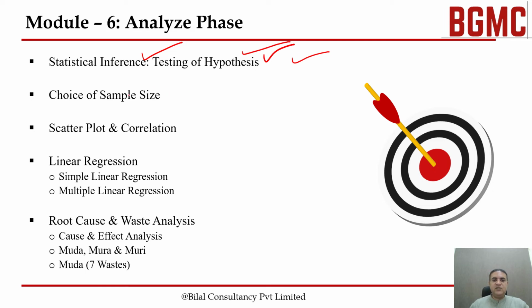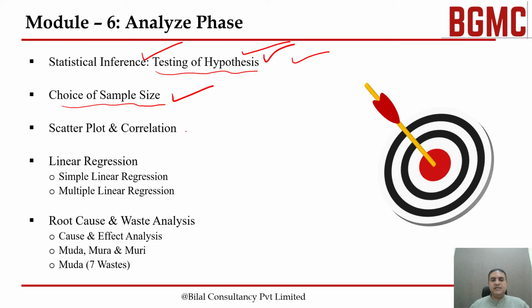The choice of sample size is very important, because when we are making some conclusion about our population, we do so based on sample data or a sample statistic. That's why the choice of sample size is very important, which we will also discuss in this phase.